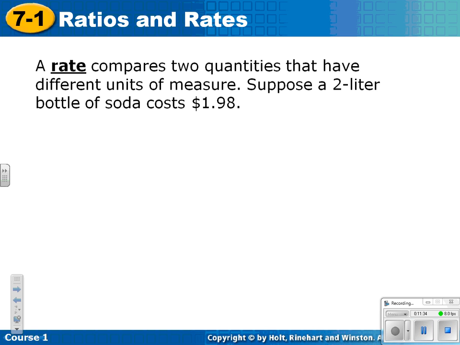Well, it's called unit rate. In order to find unit rate, we need to do this. Unit rate equals the total cost, and I'm going to say TC, divided by the number of units.